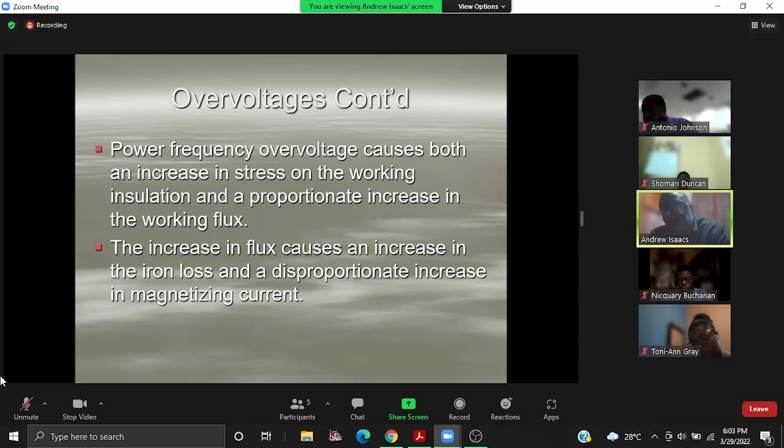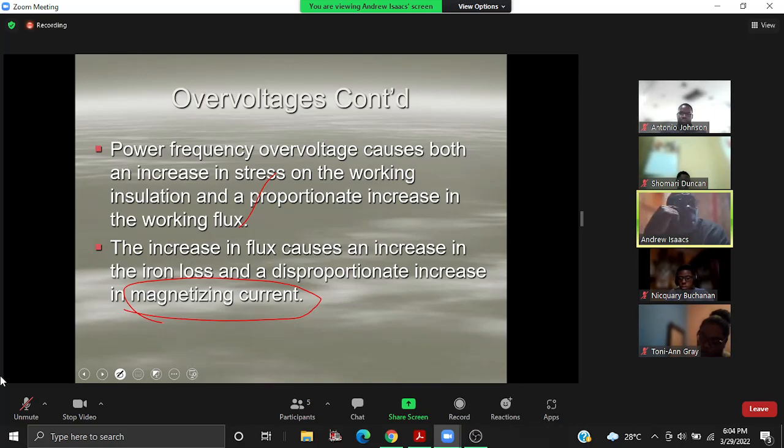Now, although this is what I was referring to at the time, if the working flux increases and we have a proportional increase in magnetizing current, what this would trigger is a situation where you now start seeing more current going into your primary than what's coming out of your secondary. And yes, I know that the values are different, but in terms of the turns ratio of the transformer as well as the turns ratio of the CTs, the current in will be equal to the current out.